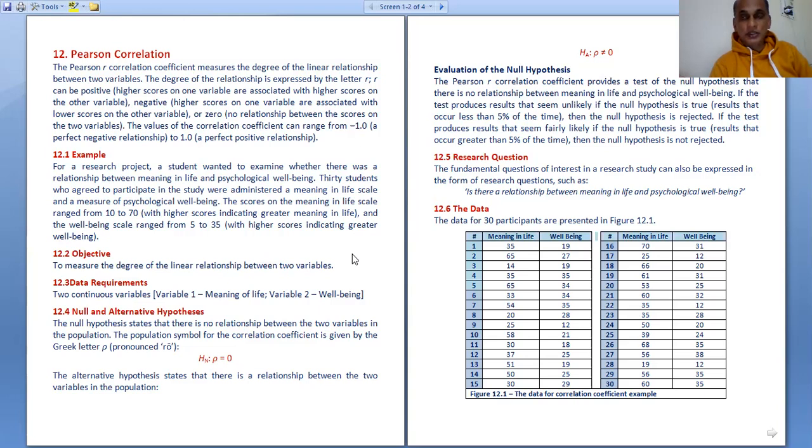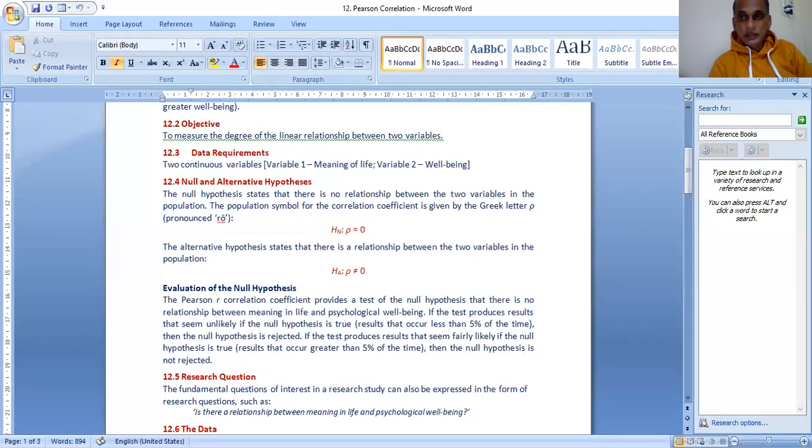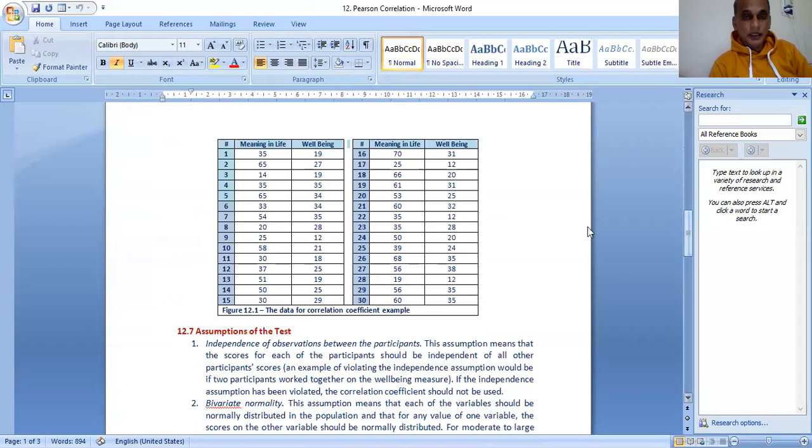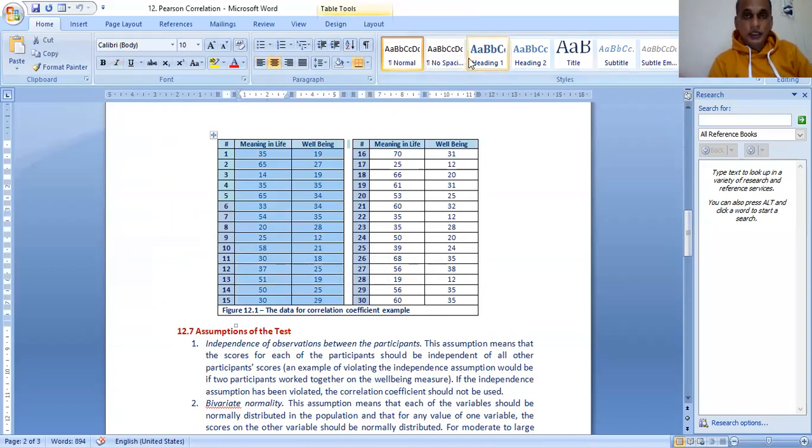I'll be selecting the data. This data is basically about the meaning in life and well-being. So I'll be copying the data, and simultaneously I'll be moving you to the new sheet.